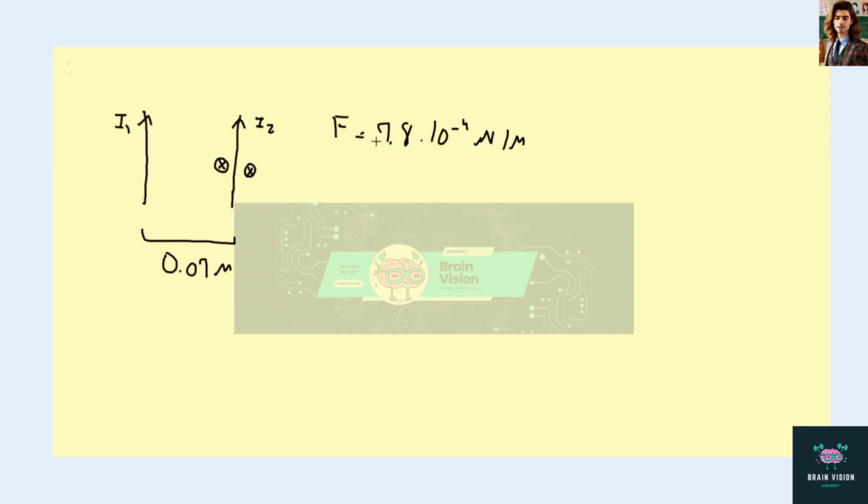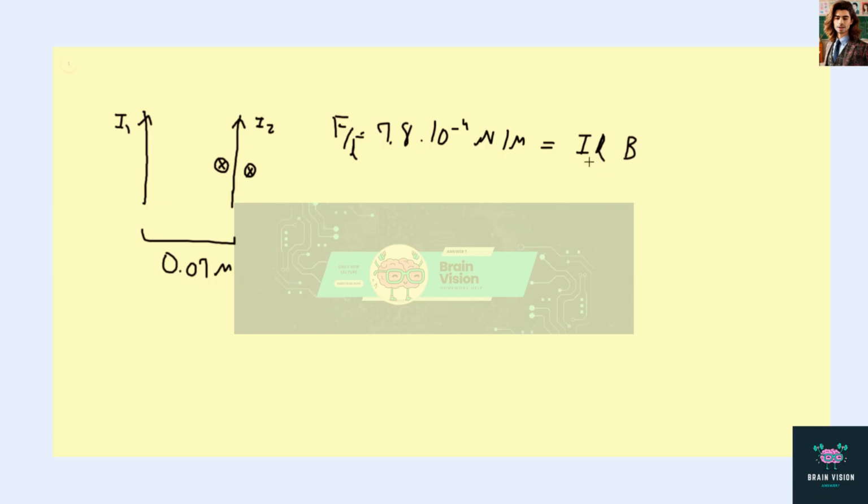So we have a force, really a force per length here. But we know in general that the force acting on a wire is just the current in the wire times the length of the wire L, times the magnetic field.